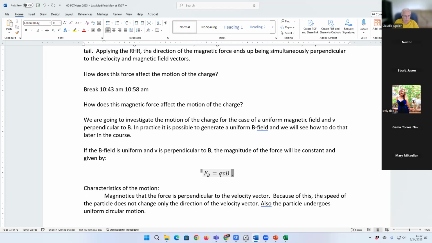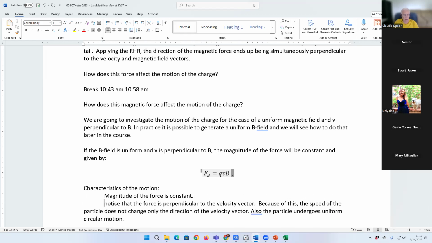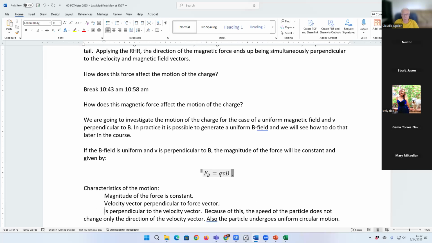Magnitude of the force is constant. 2, velocity vector perpendicular to force vector.